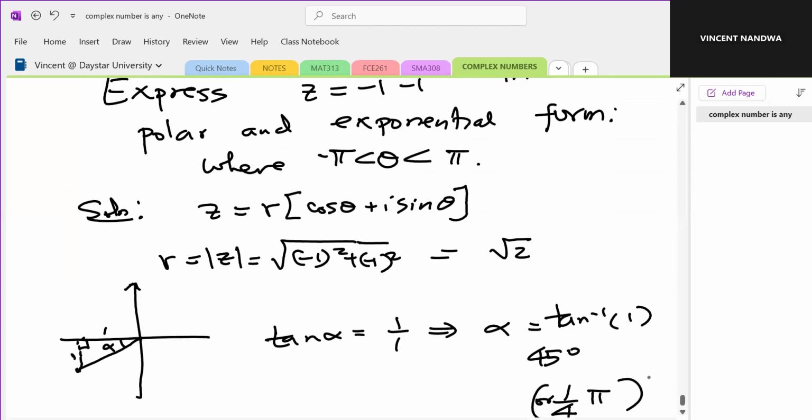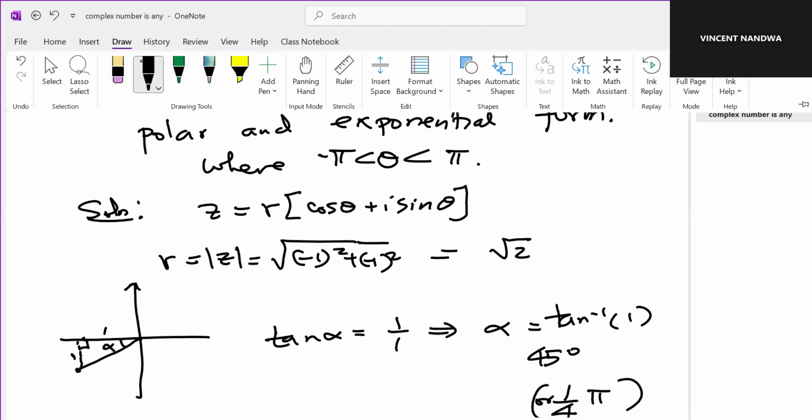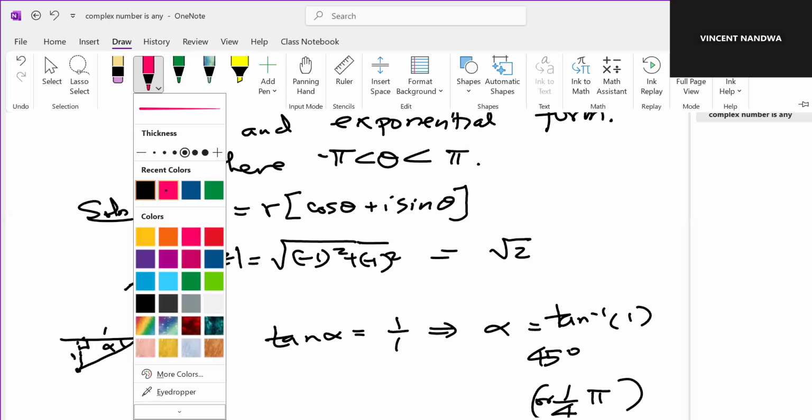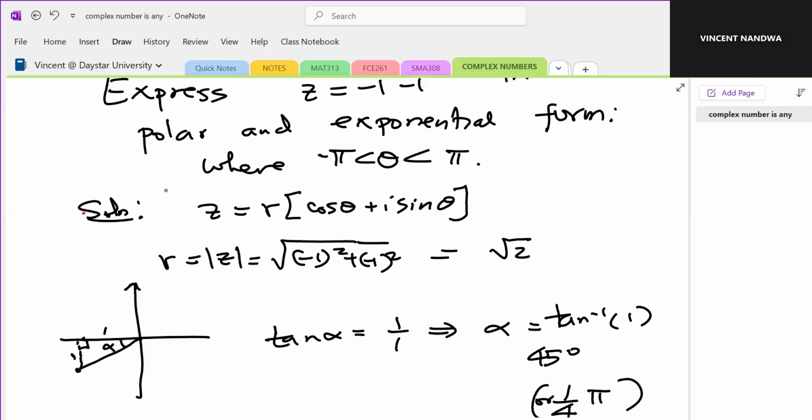And remember, we need to know how the argument is measured. There are two ways. You can either measure it following this direction, where the angle will be positive. But when you measure in this direction, the angle will be outside the specified range of minus pi to pi.